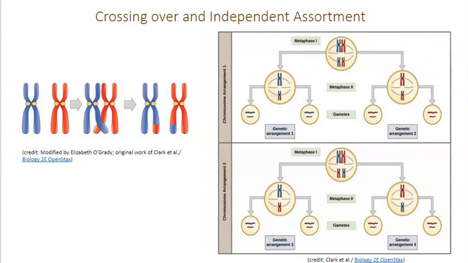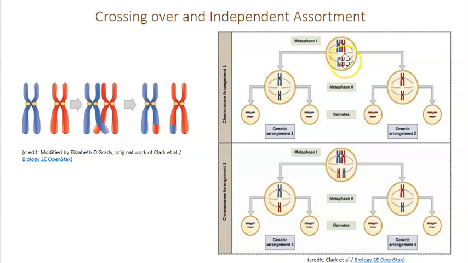Independent assortment, or the random alignment of the paternal and maternal homologous chromosomes on the metaphase plate, is also going to generate genetic diversity. So if we look here, this is the metaphase plate, so we're in metaphase 1 of meiosis 1.